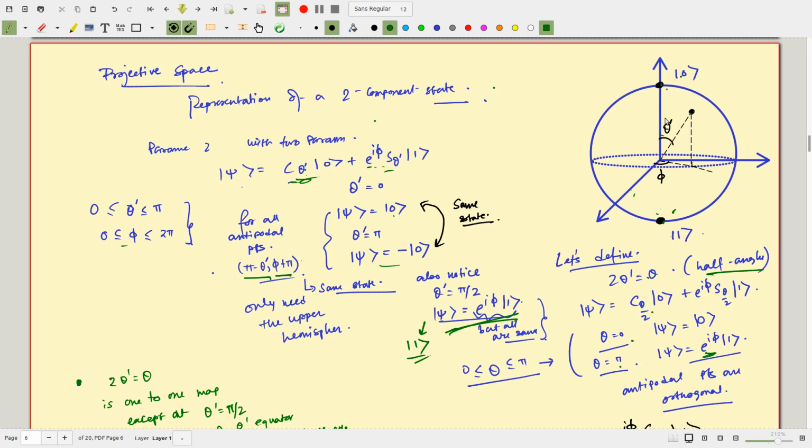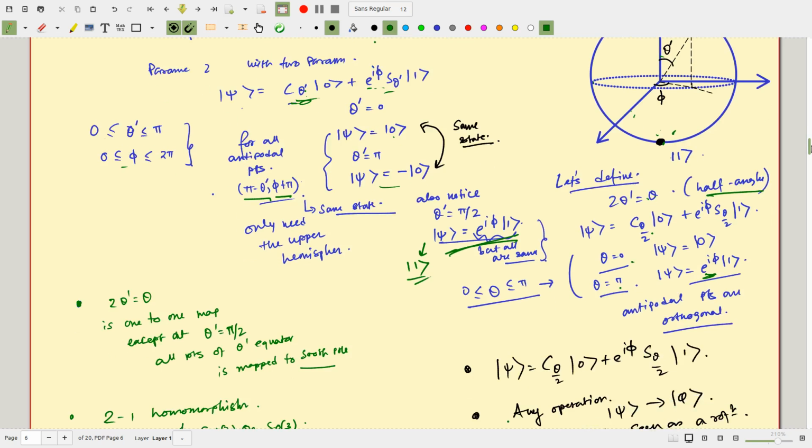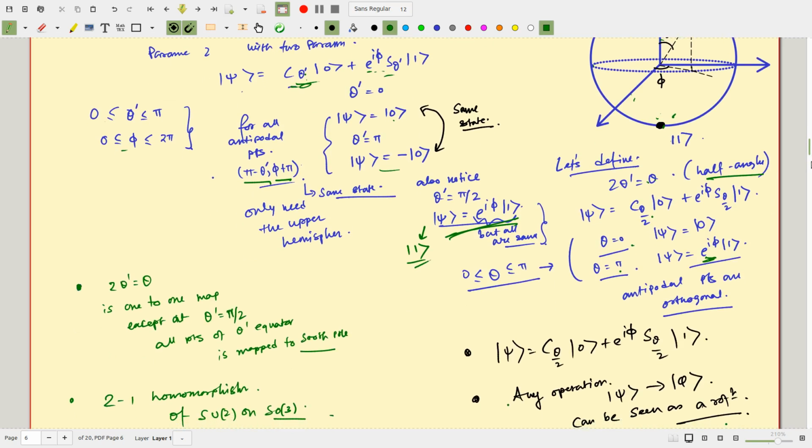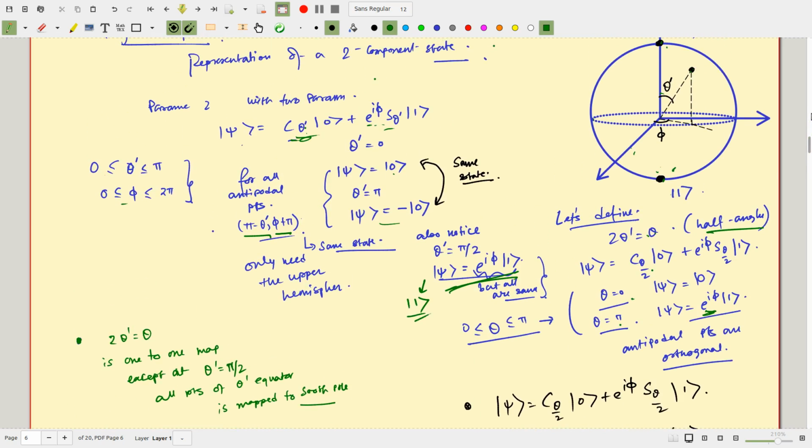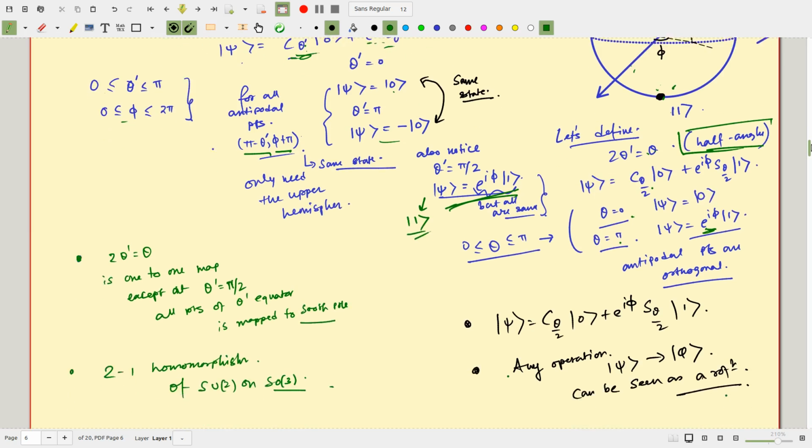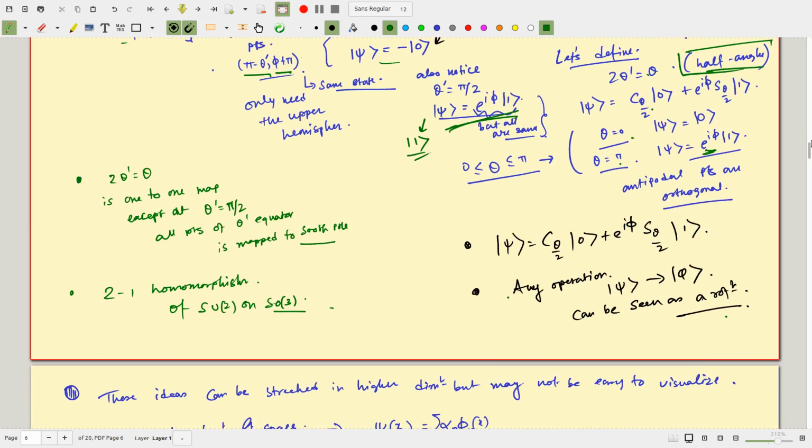So these two antipodal points are two orthogonal states, and you can check that for any pair of antipodal points. This is an improvement, because the whole purpose of the half angle is to make a one-to-one connection between points on a sphere and states in a two-dimensional Hilbert space, and we can see that this is successfully done.